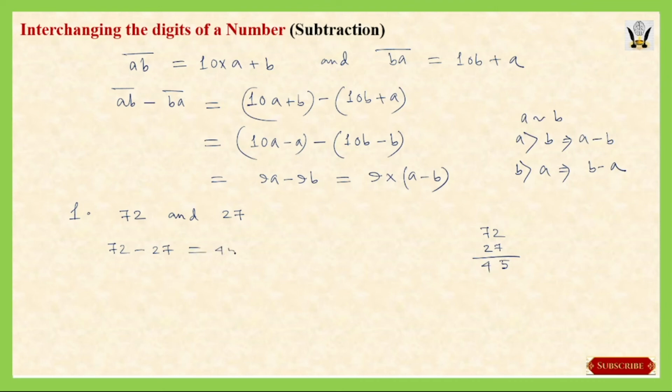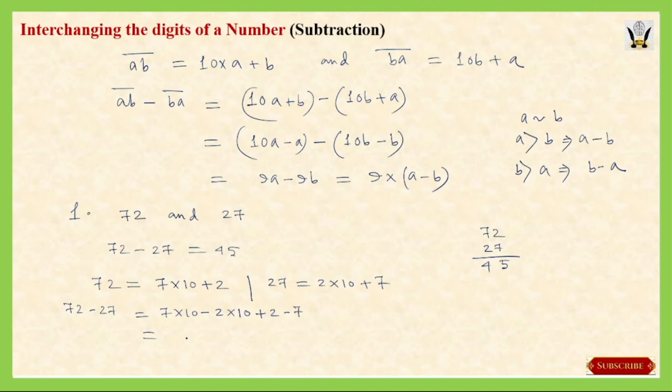As per this rule, 72 can be expressed as 7 multiplied by 10 plus 2, and when we interchange the digits, we obtain 27, which is 2 multiplied by 10 plus 7. Now if we subtract 27 from 72, it will be 7 multiplied by 10 minus 2 multiplied by 10, plus 2 minus 7.